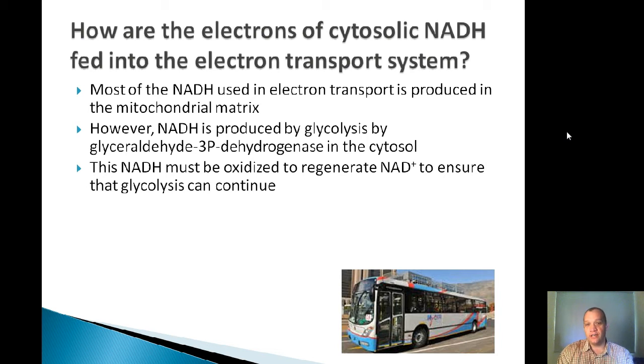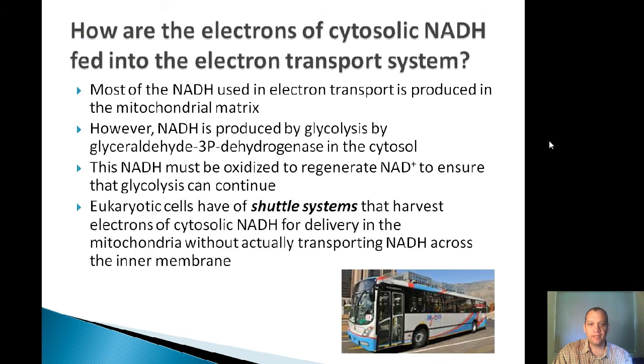However, NADH cannot itself cross the membranes of the mitochondria, and so the organism uses one of two different types of shuttle systems to turn cytoplasmic NADH into mitochondrial NADH. So eukaryotic cells have shuttle systems that harvest electrons from the cytosolic NADH and deliver them into the mitochondria without actually transporting NADH across the membrane.